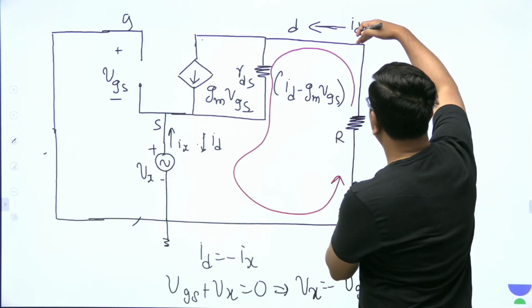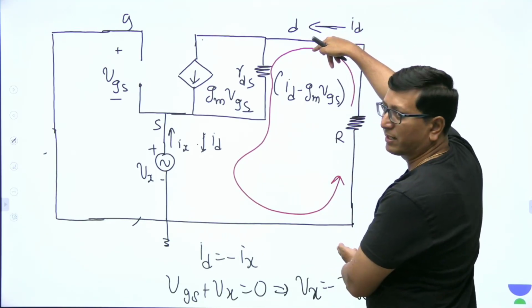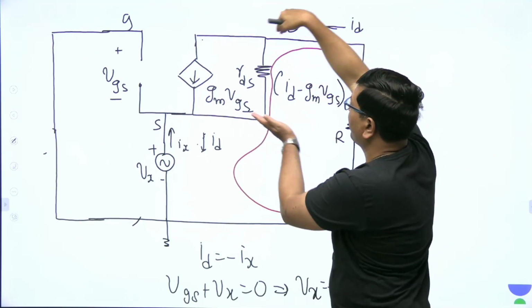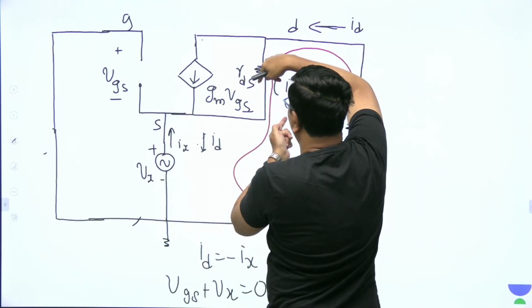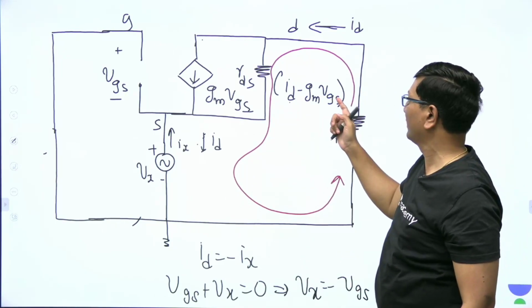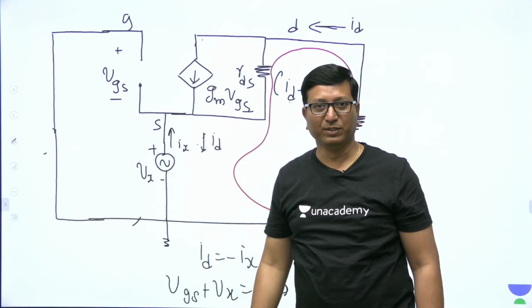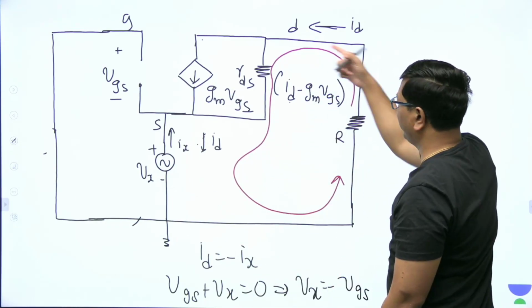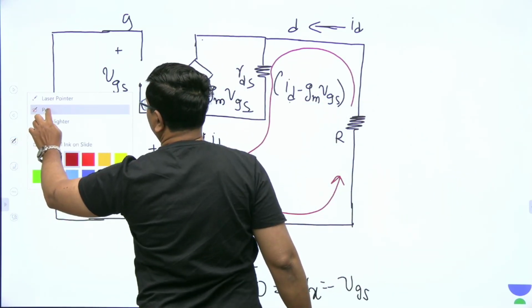The voltage drop across R, where the current is ID, is ID into R, plus the voltage drop across RDS or across this current source, that is RDS into ID minus GM into VGS, plus Vx is equal to 0. We can write so, three voltages in this loop.